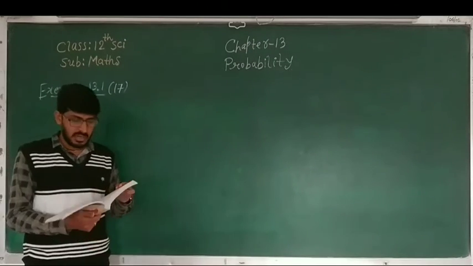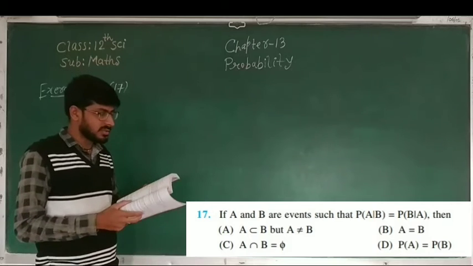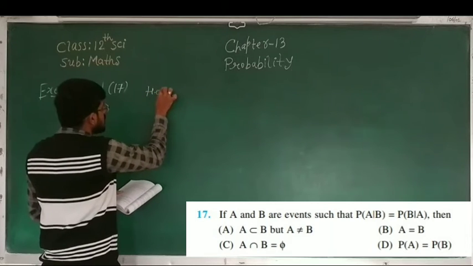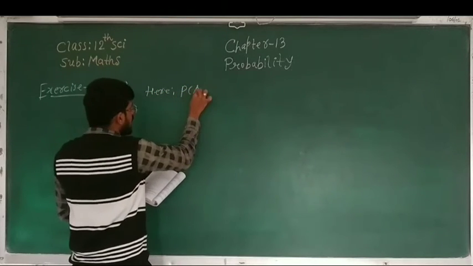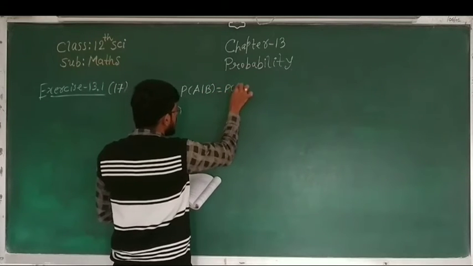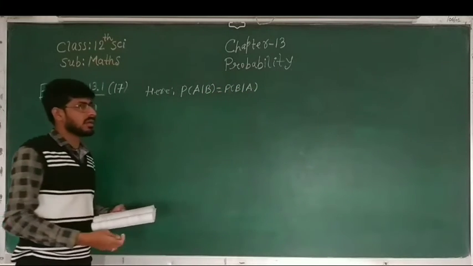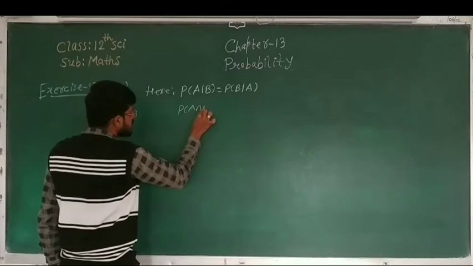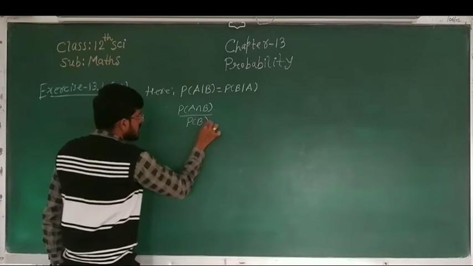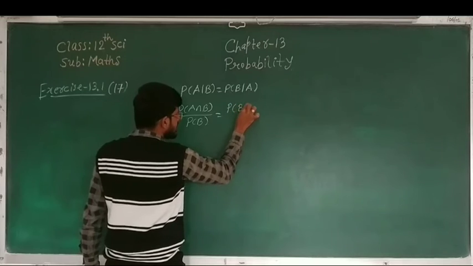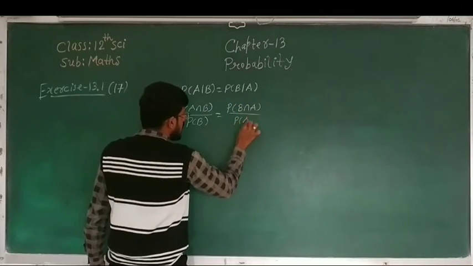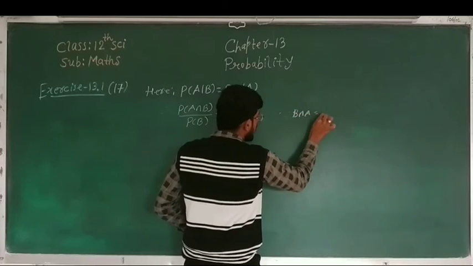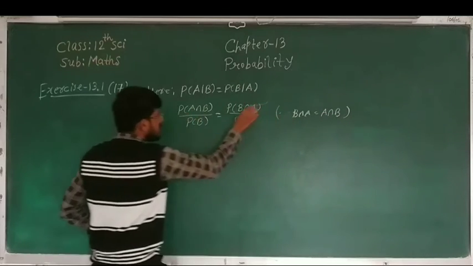Next, question number 17. If A and B are events such that P of A given B is equal to P of B given A, now apply conditional probability. We can write P of A given B is equal to P of A intersection B upon P of B, which is equal to P of B intersection A upon P of A. Now we know that intersection is commutative, so B intersection A is equal to A intersection B. It means the numerator will cancel out.